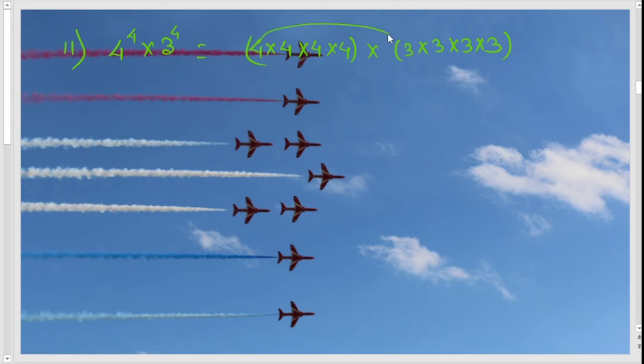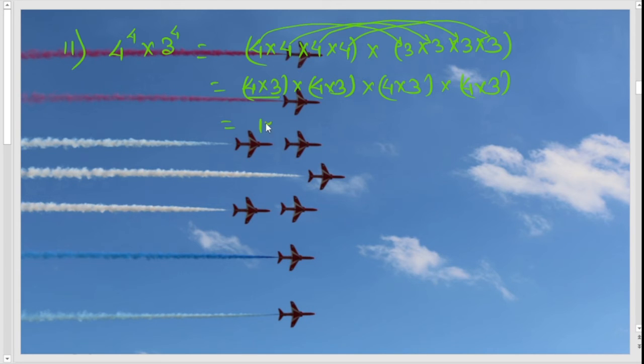Like 4 is multiplied with this 3. Here we will write 4 into 3. Now this 4 with this 3, 4 into 3. Now again this 4 with this 3, 4 into 3. And last is this 4 with this 3, 4 into 3.